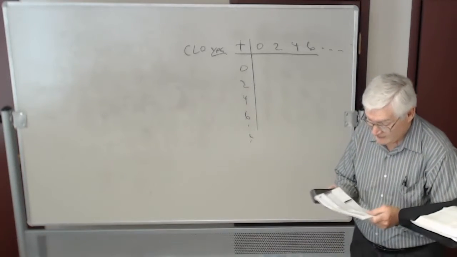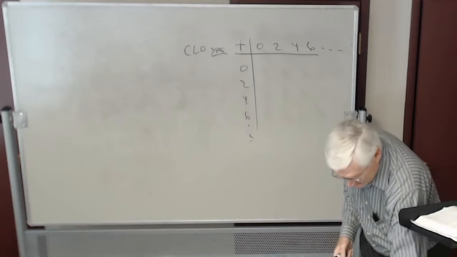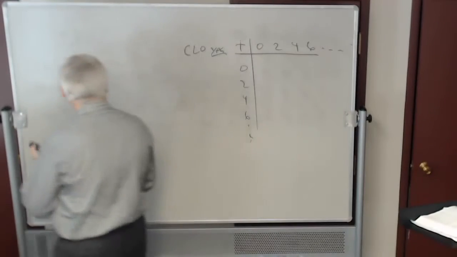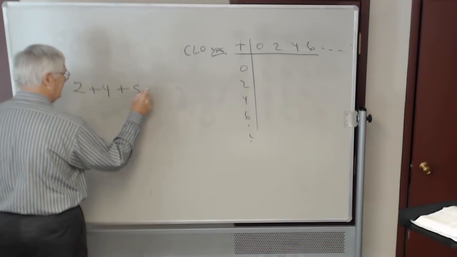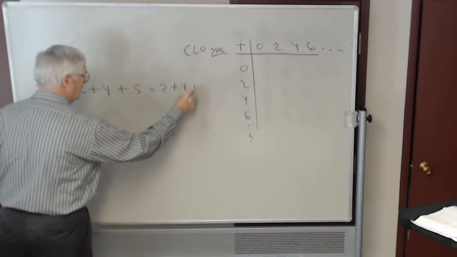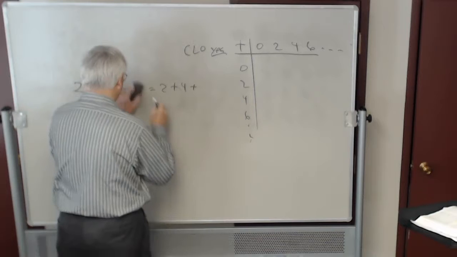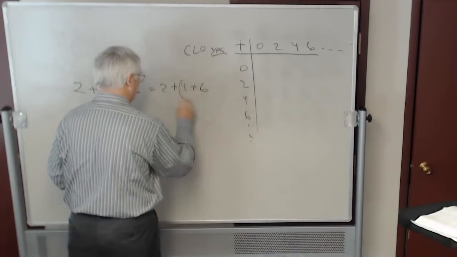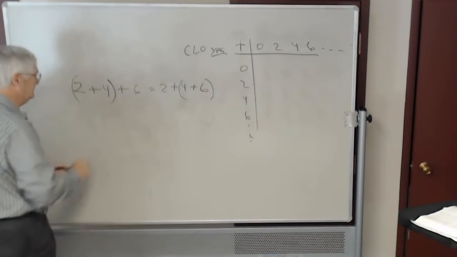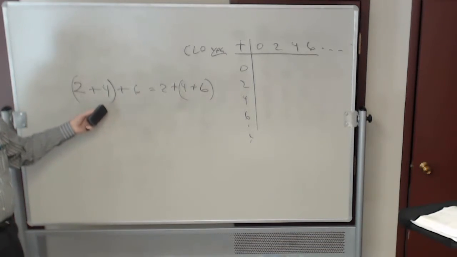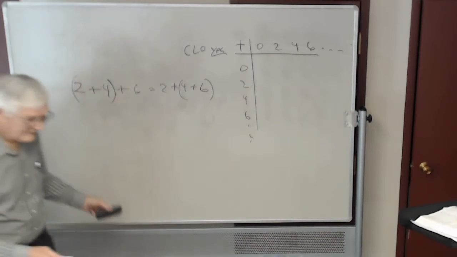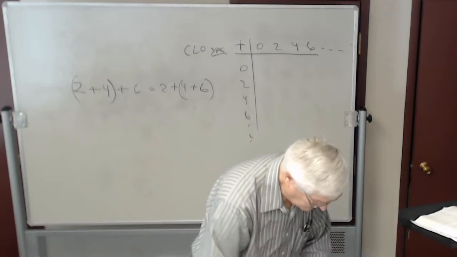What's the next thing it wants to know? Is it associative? Does 2 plus 4 plus 6 equal 2 plus 4 plus 6, grouped either way? Yeah. Every time? Yeah. So what's the next property?